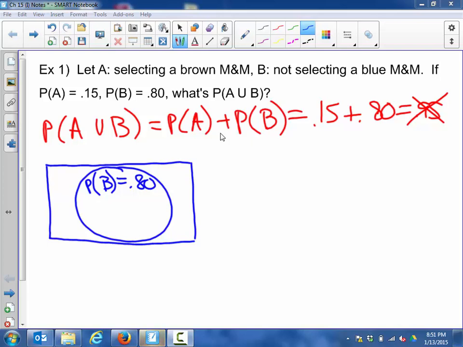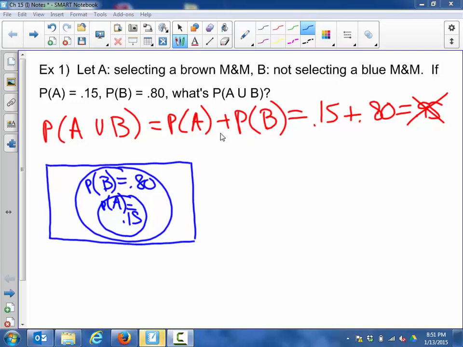Anytime we don't select a blue M&M, there's a chance that we're selecting a brown M&M. Therefore, within this box representing the colors that we choose from the M&M bag, within the large circle is a separate circle, wholly contained within that larger circle, for event A, that we select a brown M&M, and we said that that probability was 15%.